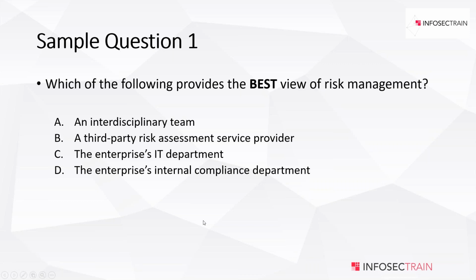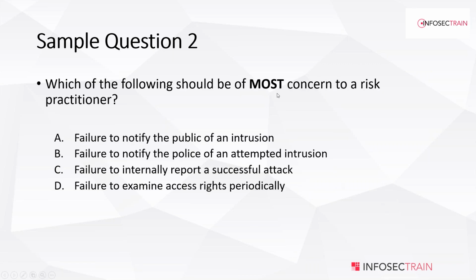Let us see one more, just for the benefit of everyone. See, most is a keyword, and generally those are printed in bold and highlighted. So which of the following should be most concerning to the risk practitioner? Failure to notify the public of an intrusion, failure to notify the police, that is enforcement bodies, of an attempted intrusion, failure to internally report a successful attack, or failure to examine access rights periodically.